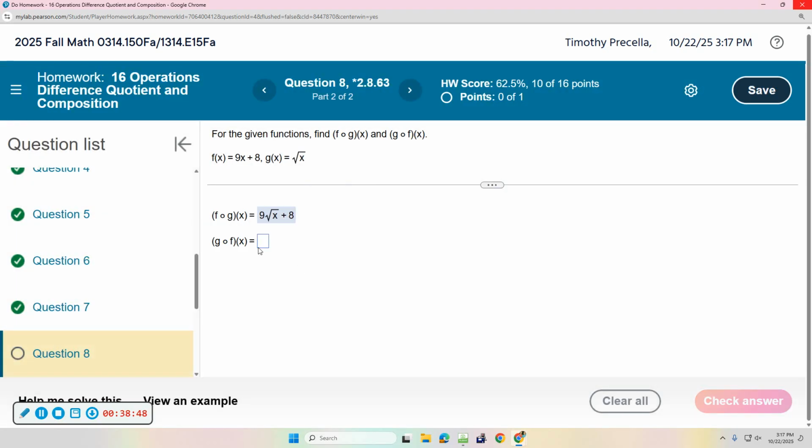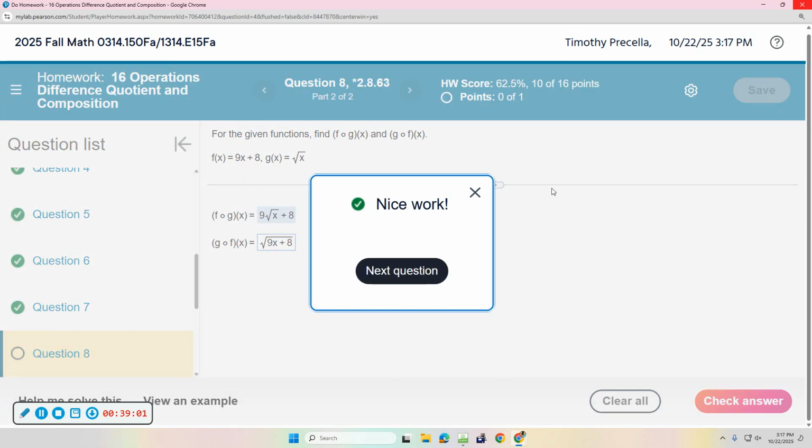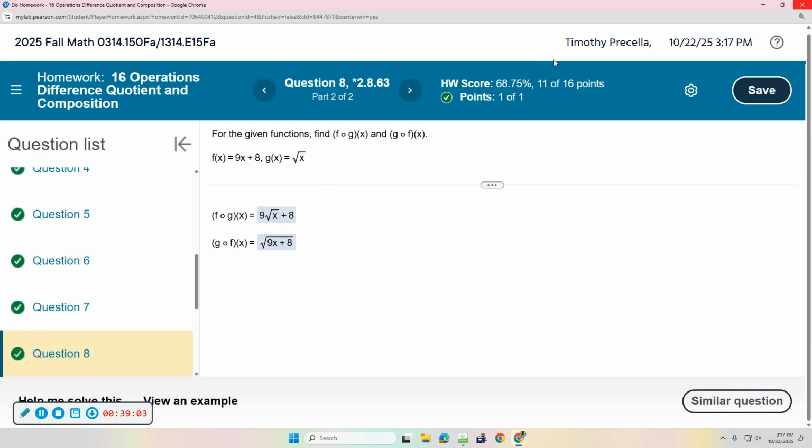And what am I going to type first for g composed with f? The square root. That radical is going to go first, and then everything's underneath it, the 9x plus 8. Any questions there?